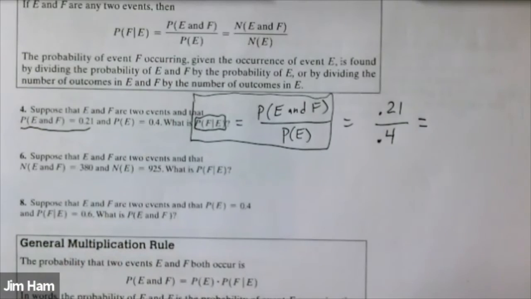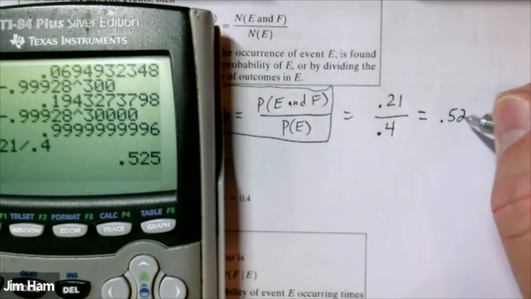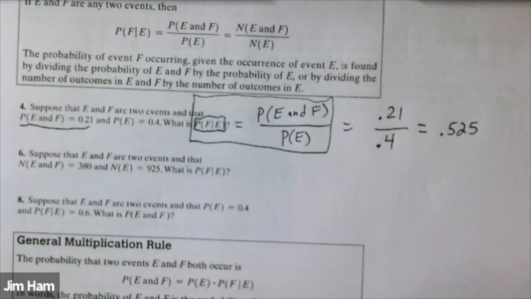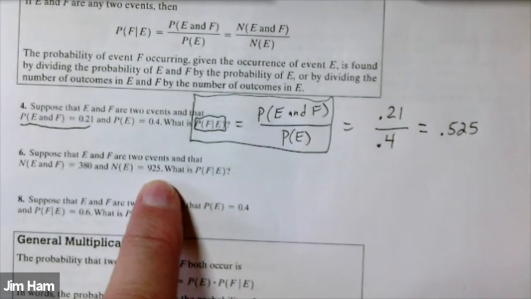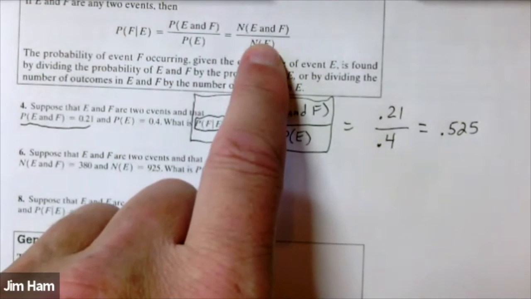So you just punch that on your calculator and you get 0.525. So the formula is one of the tools that you can use to do these conditional probability problems. They also give you one that is like an empirical formula where it uses numbers instead of probabilities. And that one appears up here as well.